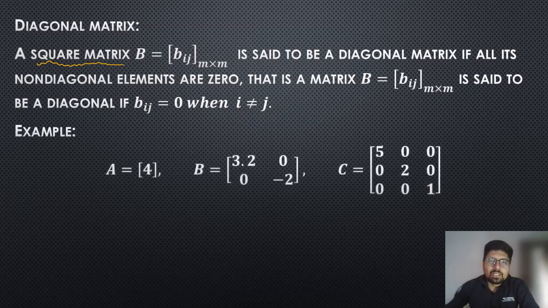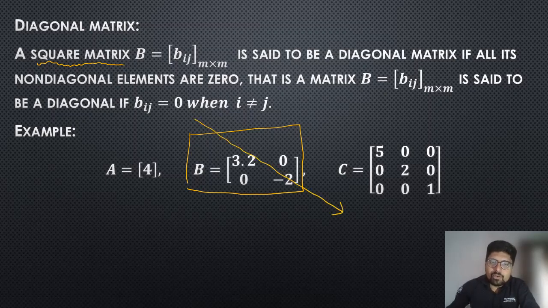You can see, first observe that matrix B. Non-diagonal elements means this is the diagonal. So non-diagonal elements, you can see this is 0, this is also 0, correct, are 0.